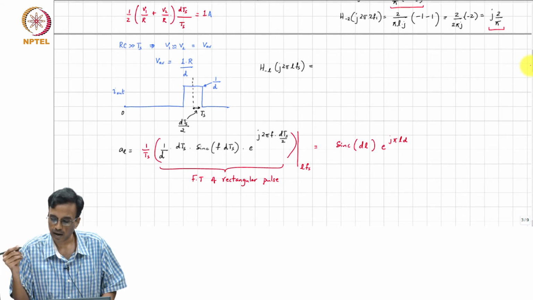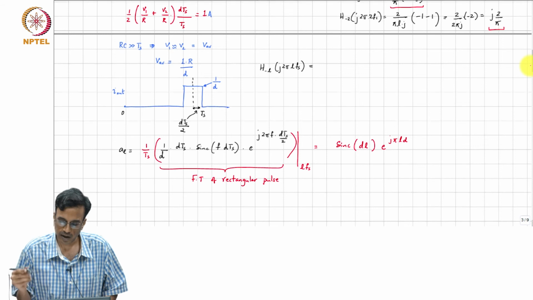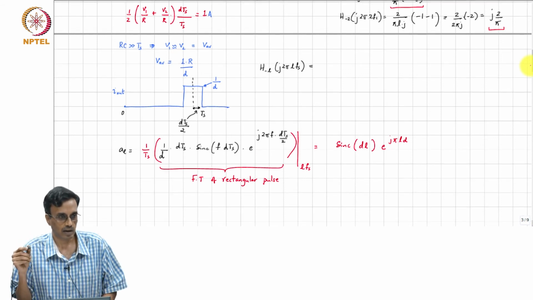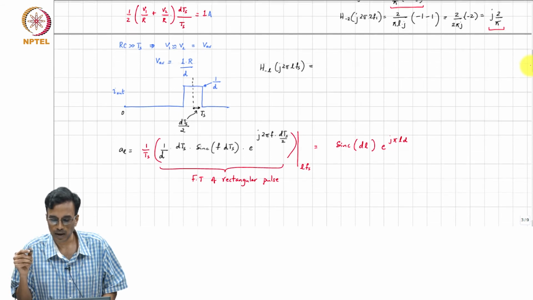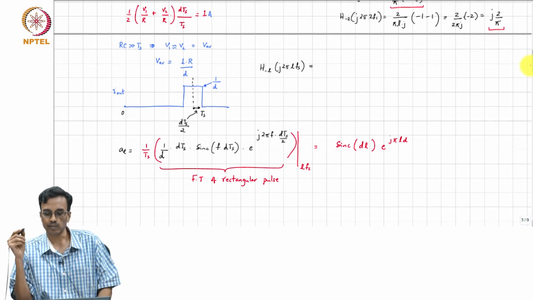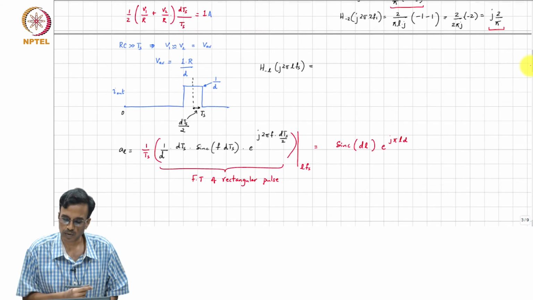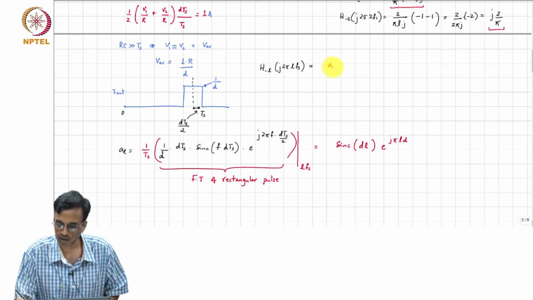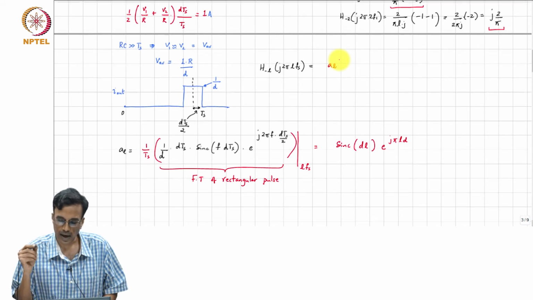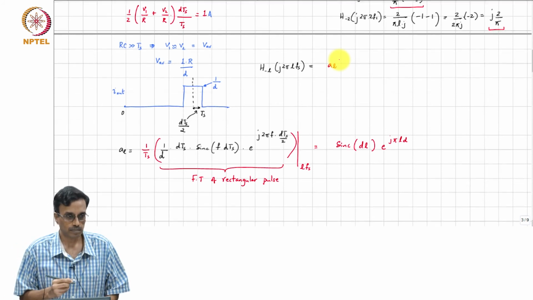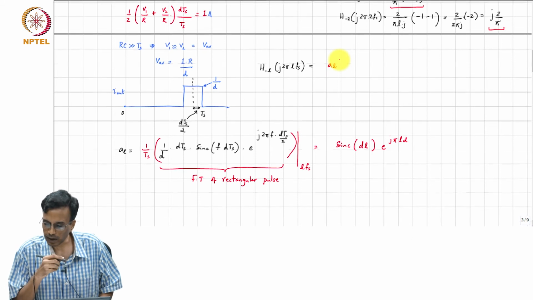So, the Fourier expansion is A sub L, and so H minus L of j 2 pi L Fs is simply this. If you put L equal to 0, what do you get?